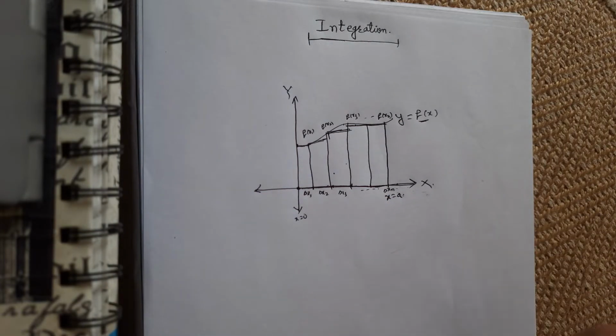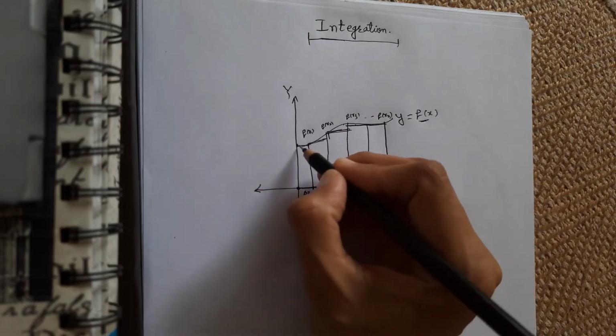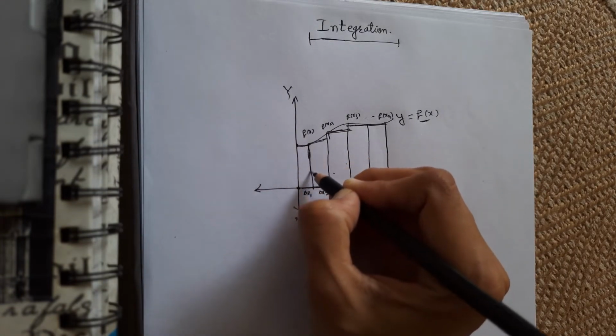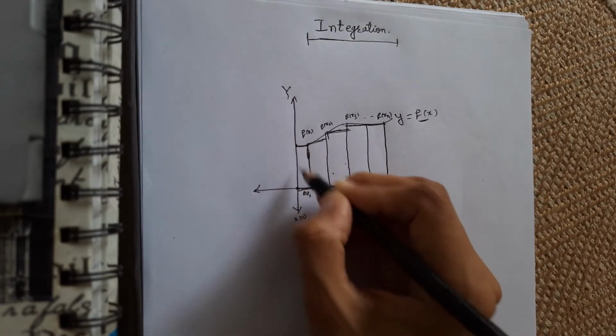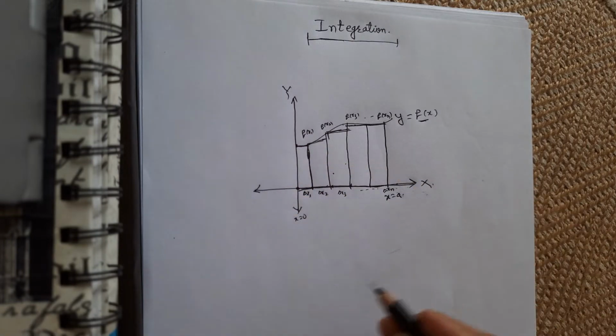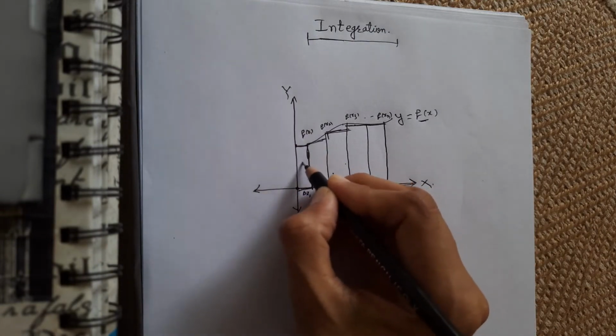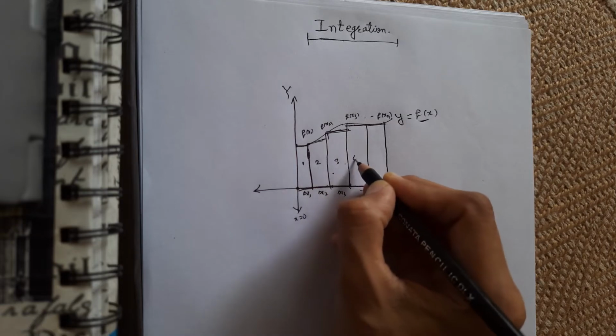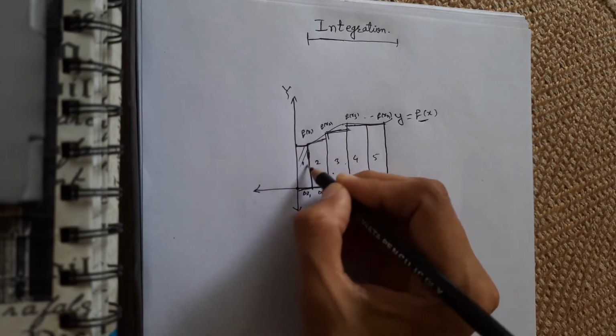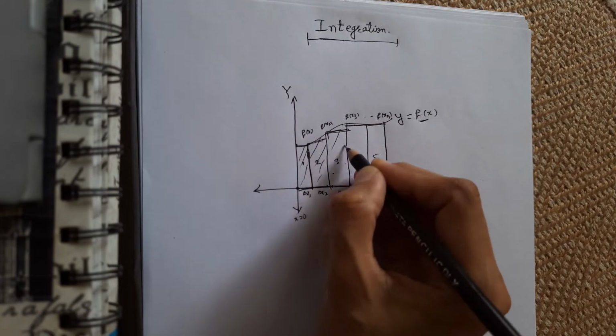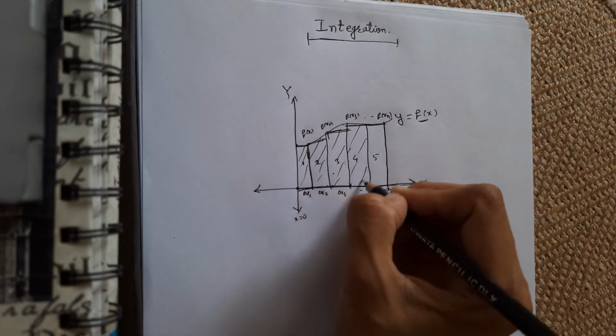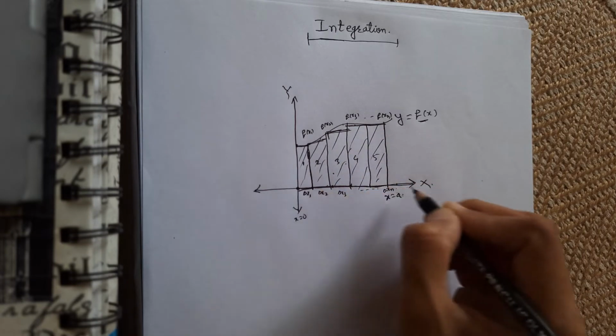Now, what will be the area of this first rectangle, second, third, fourth, fifth? So here I approximated my total area under the curve with rectangles.